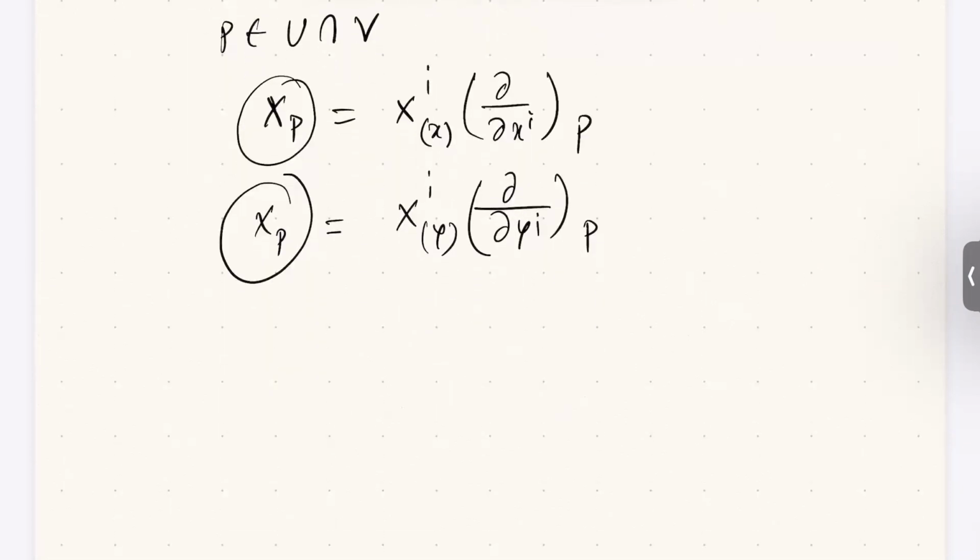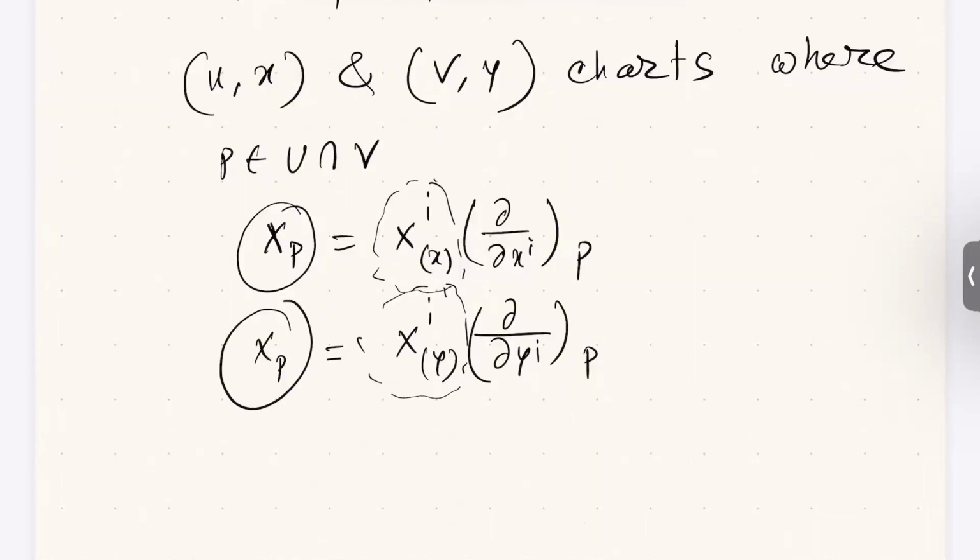But these two things, xi x and xi y, are not the same. Then what is the relation between these two components? Can I see the relation in terms of these two coordinate systems x, y?